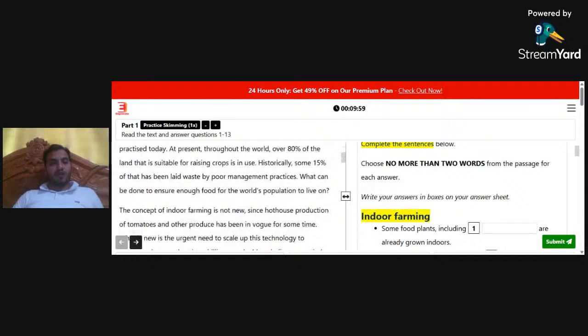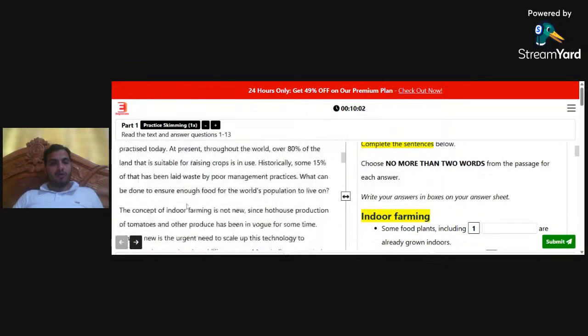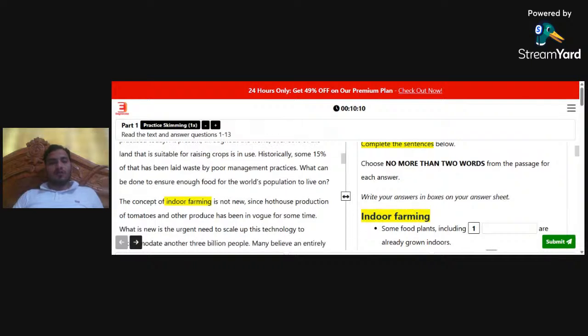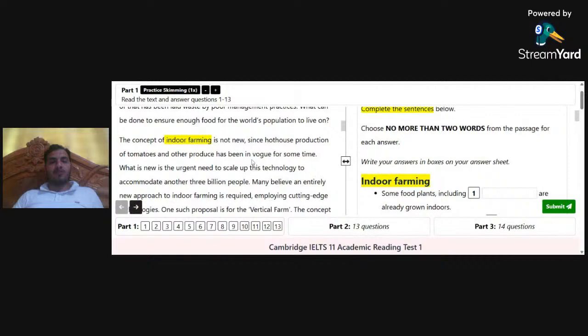If we move to part two, we can see that indoor farming is written here. So most of the time, 99% of the time, question number one will start with the heading, if there is a title given in the question type. Remember this, please note it down in your notebooks.